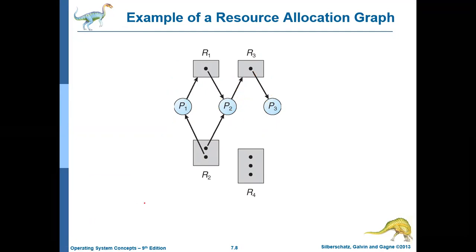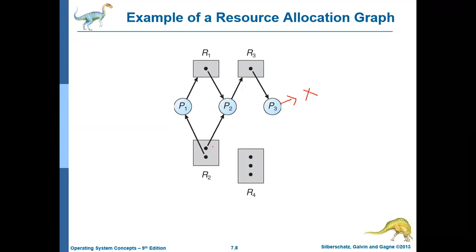So here there is no deadlock. Why is there no question of deadlock? Because only P3 is holding R3. After some amount of time x, P3 will release R3. Once P3 releases R3, P2 will get the resource R3.